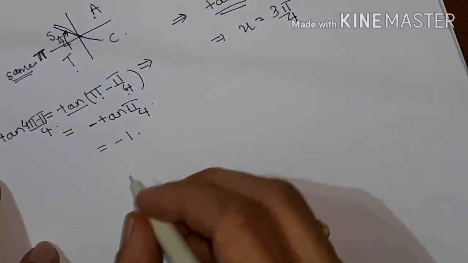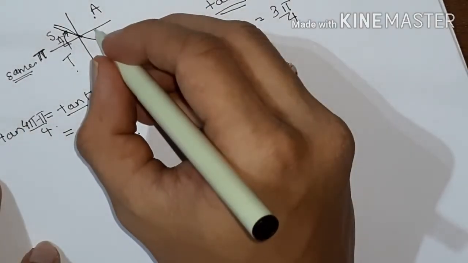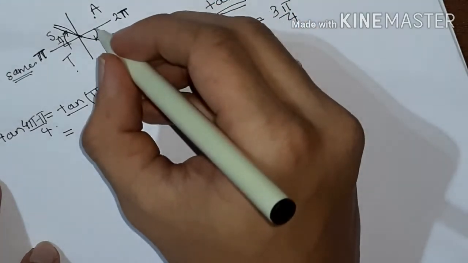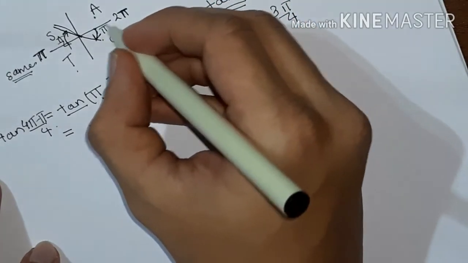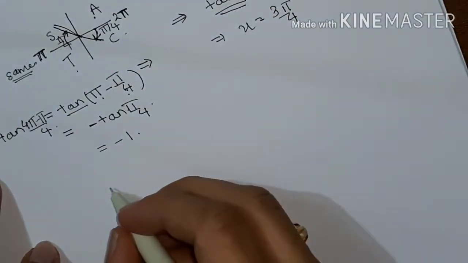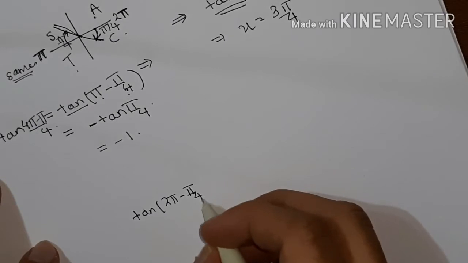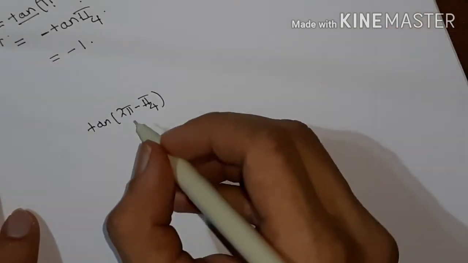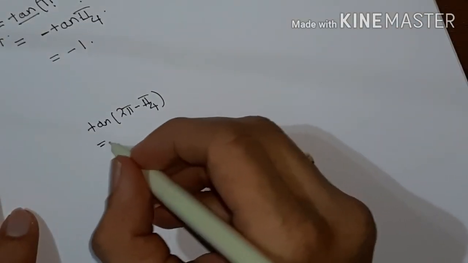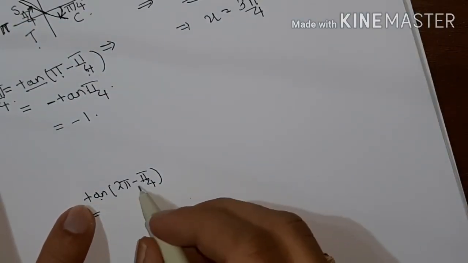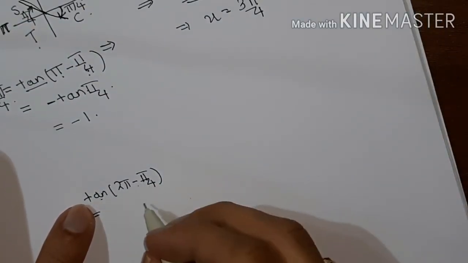So how to find out? You go to this angle. So this is 2 pi, you know. So 2 pi minus pi by 4 you go. So tan of 2 pi minus pi by 4. Again you look at this, tan of 2 pi minus pi by 4.